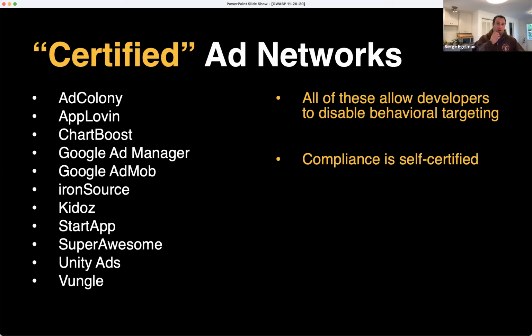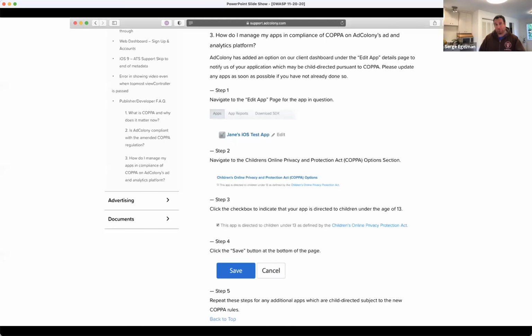The problem here, again, is that compliance is entirely self-certified. You're supposed to only use ad networks from this list because they have options to disable profiling. But whether or not that option is correctly configured, no one checks for that, which is part of the problem still.